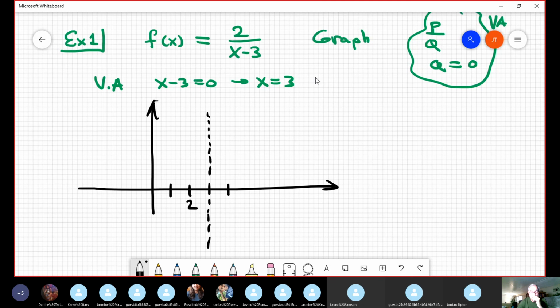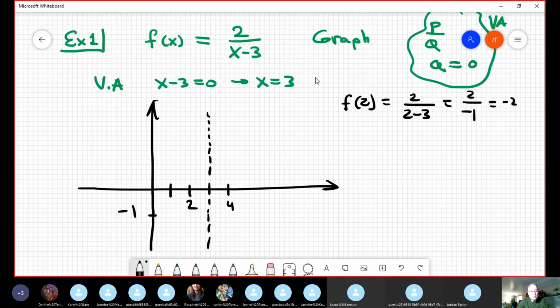I have no idea of the shape, so I evaluate the original function at 2 and 4. Evaluating at 2 is 2 over 2 minus 3, which is 2 over negative 1, which is negative 2. So the point is 2, negative 2. Now evaluating at 4 is 2 over 4 minus 3, 2 over 1, which is positive 2.